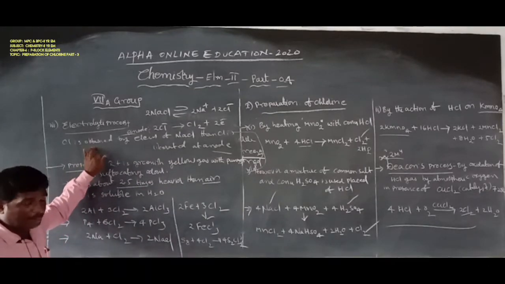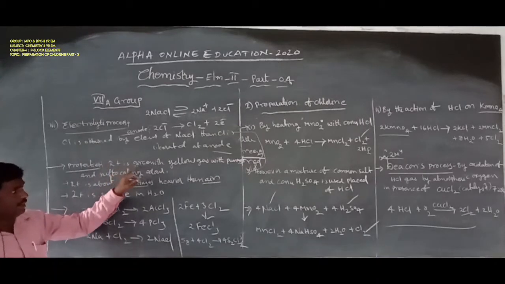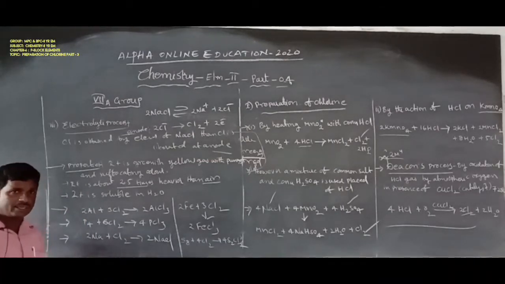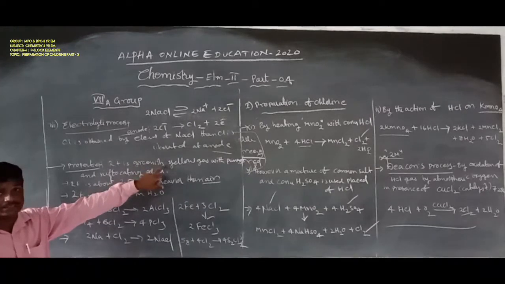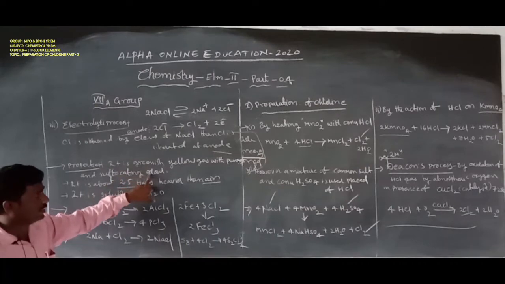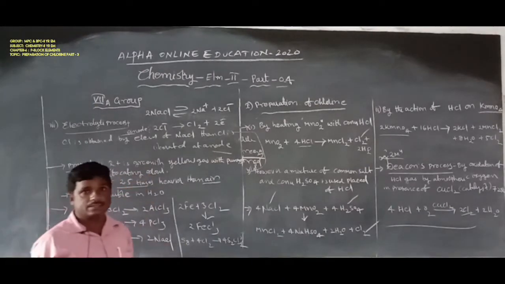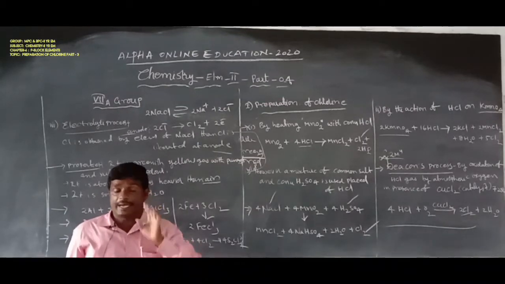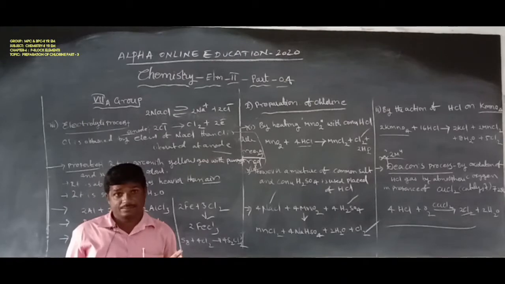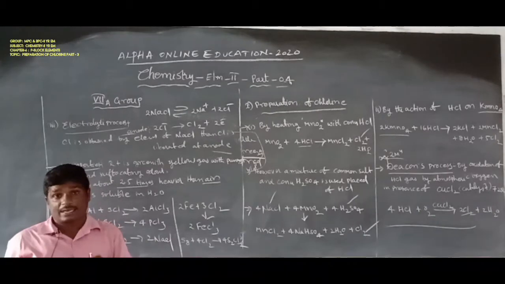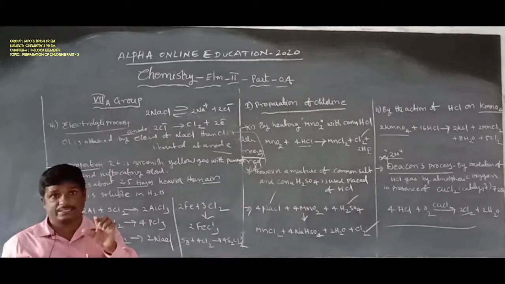Next, properties of chlorine. It is a greenish yellow gas with a pungent or suffocating odor. For example, to test for chloride anion, salt is taken in a dry test tube and concentrated H2SO4 is added.